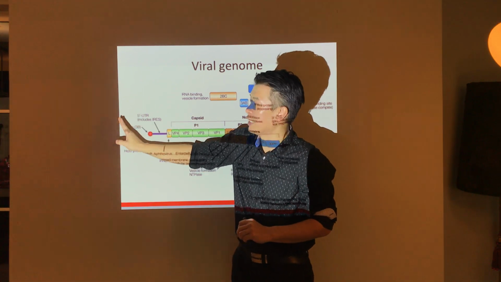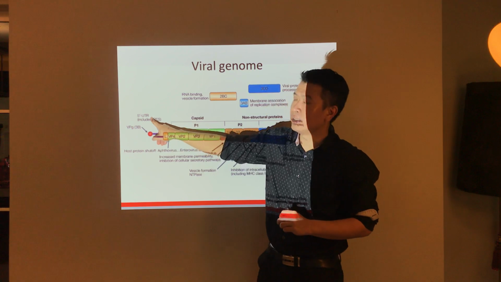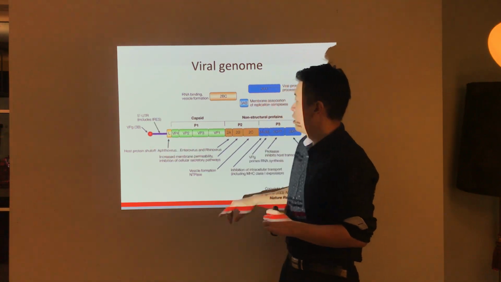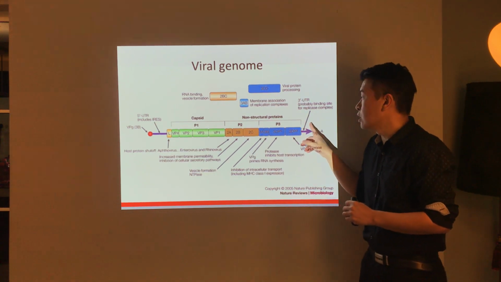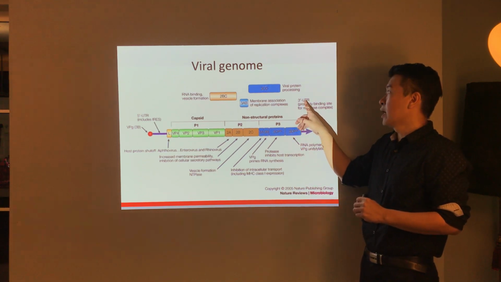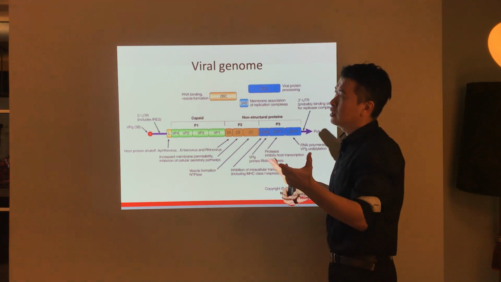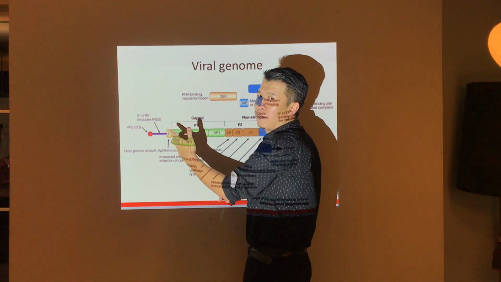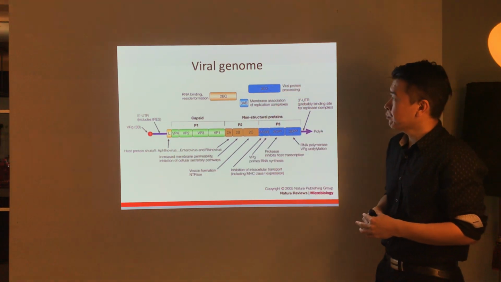And because it's located at the 5' end, we call it the 5' untranslated region. What about here? We also have a region that is not being translated into protein, so we call it the 3' untranslated region. Sometimes there are different terminologies, but they all carry the same meaning. Sometimes you can see NTR, meaning non-translated region, and so on and so forth.